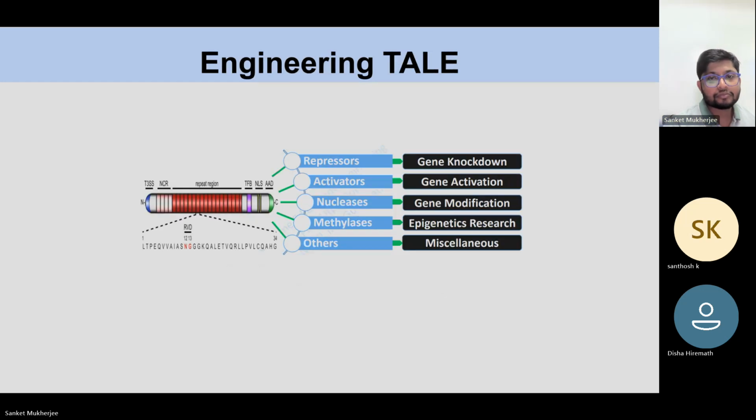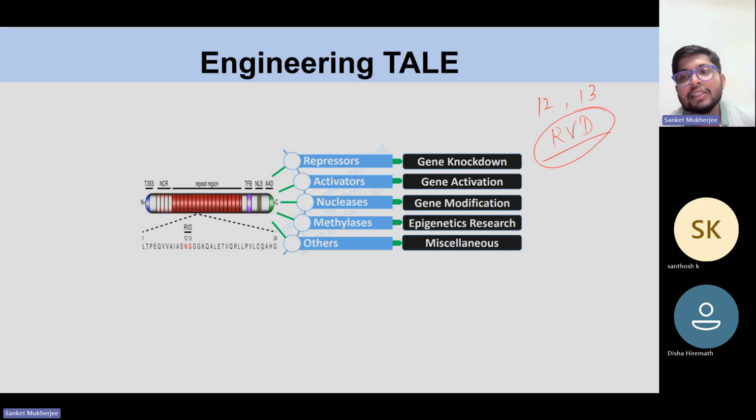So essentially, using this property of the 12th and 13th residues of the repeat variable domain, we can engineer specific TALs which will bind to specific nucleotide sequences of our interest. And if we introduce a nuclease, for example a FokI nuclease, as we have already studied, we can also engineer a restriction enzyme as such.